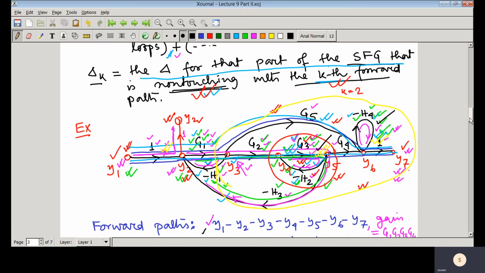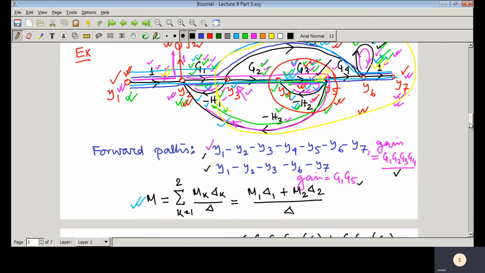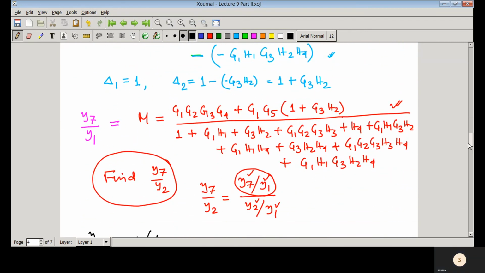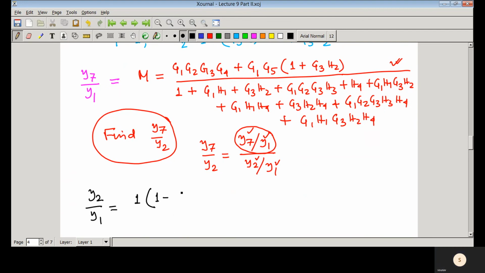Here the gain is minus G3H2 and here the gain is minus H4.